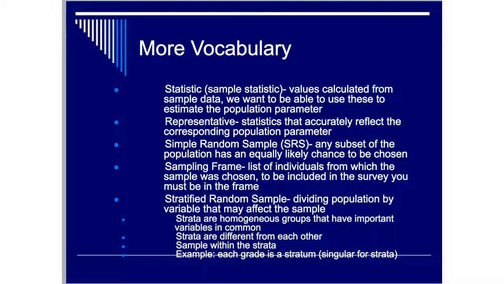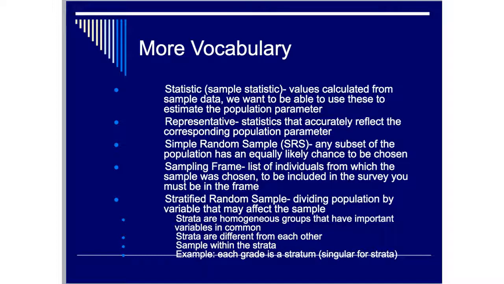A simple random sample is when any subset of the population has an equally likely chance to be chosen. Say I was going to do a simple random sample of Elsinore High School, I would number the students from 1 to 2,000 whatever, and then I would randomly generate however many numbers I'm interested in, say it's 100.